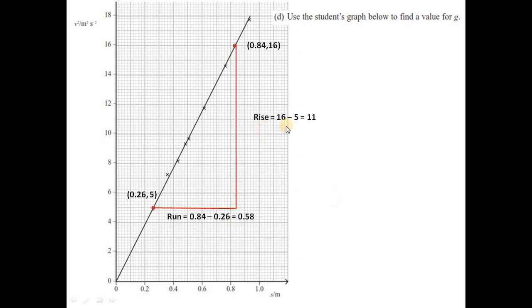The rise is 16 minus 5, equal to 11, and the run is x2 minus x1, which is 0.58. So the gradient of the graph is rise, 11, divided by run, 0.58.